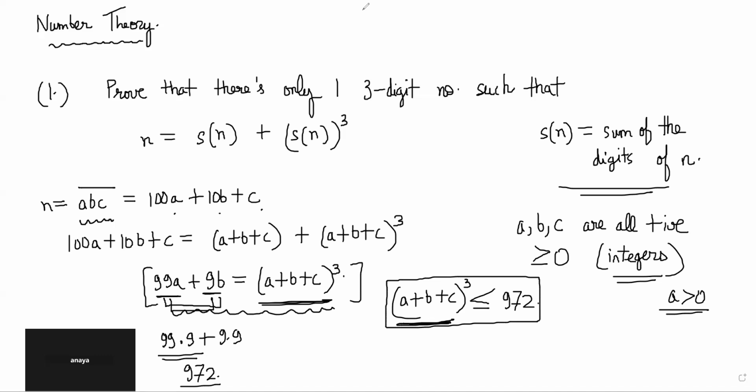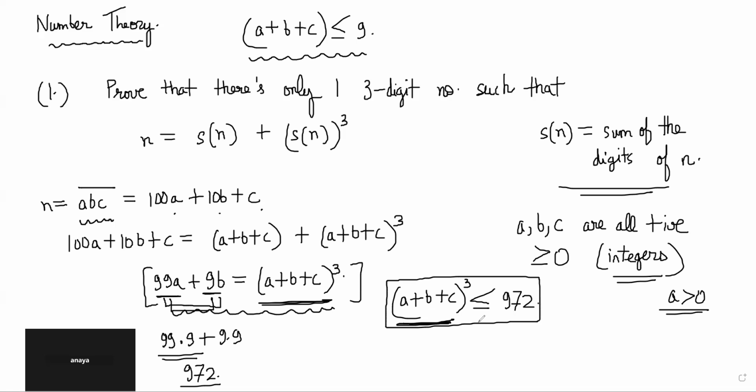Oh, okay. We are getting that a plus b plus c must be less than or equal to 9, because 9 cube is 81 into 9, which is 729, but 10 cube is bigger.